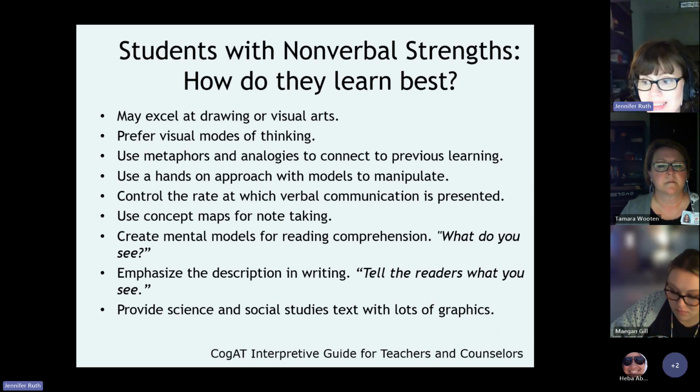We need to talk less and use less complicated sentence structure and vocabulary when explaining things to them. They need less words. They need more visuals, more hands-on. These students may prefer to take their notes by drawing pictures or making concept maps rather than writing out words in order for them to learn best.